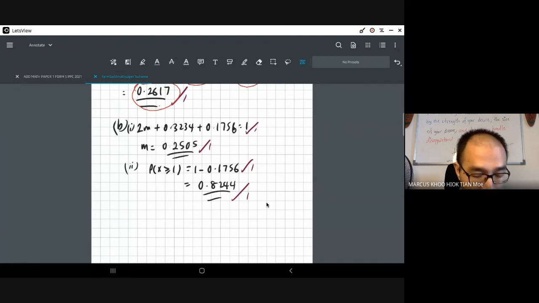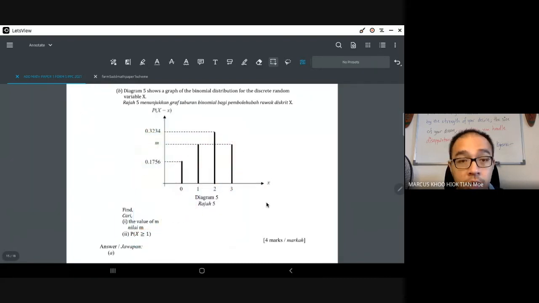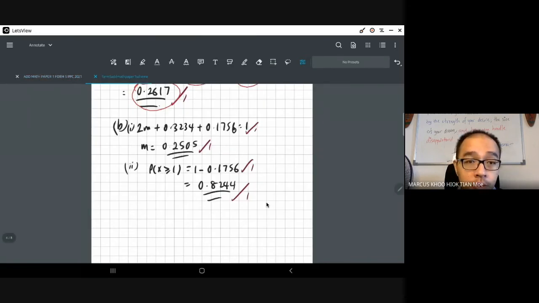Okay, and as I mentioned before, the single greatest thing that we need to understand about this particular question is that the total probability is equals to 1. No matter how many kayu there is, no matter how many graphs there is, the total probability is always equal to 1. Okay, so this will be the answer, 0.8244.